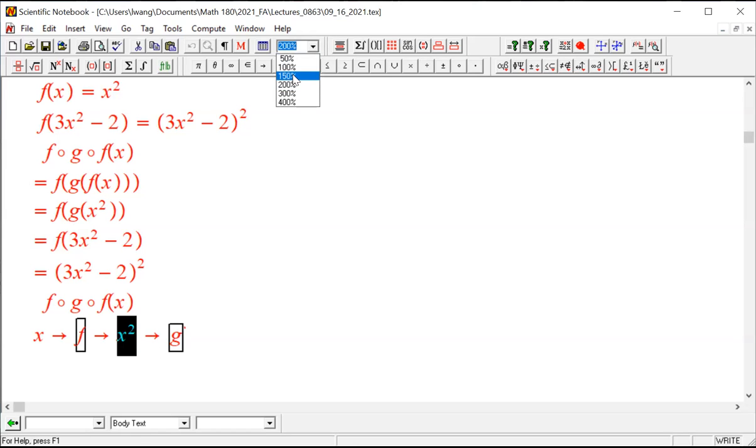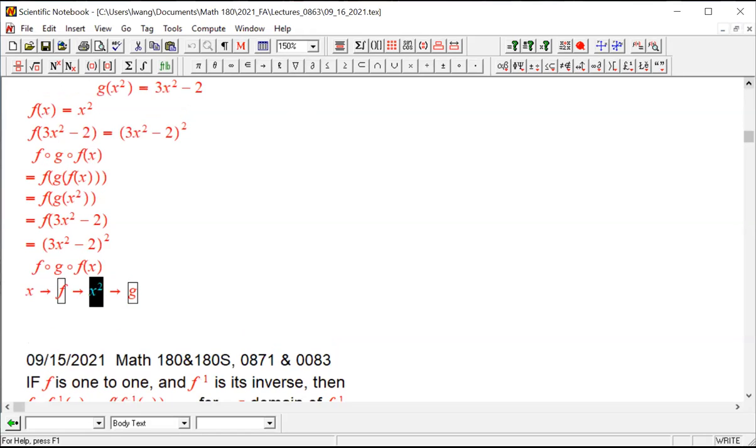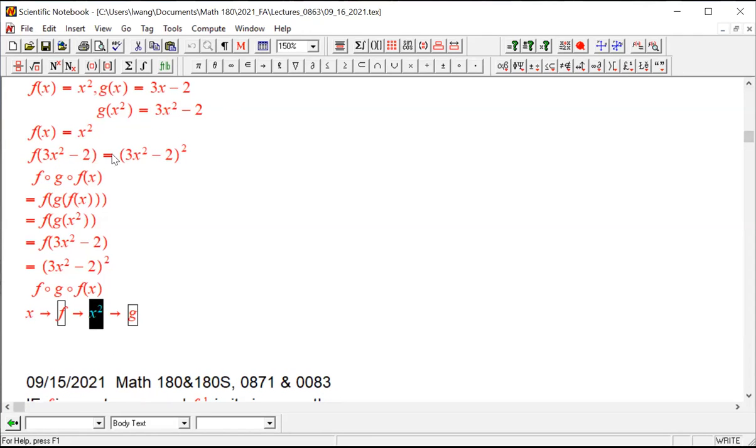That's how you get this piece. If the input is x for g, you get 3x minus 2. If the input is x squared for g, then you're going to get 3x squared minus 2. And this in turn will be used as the input to f.